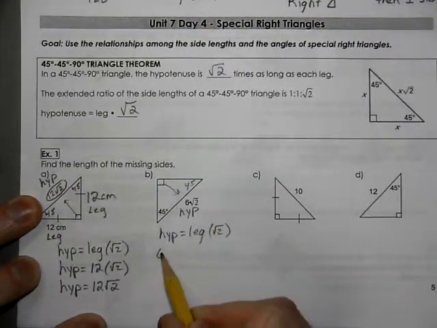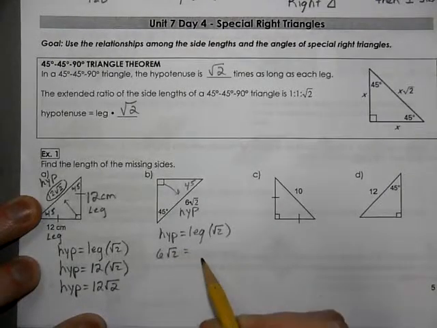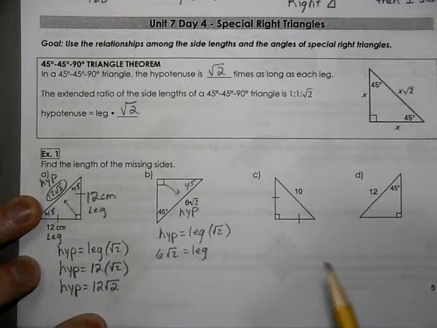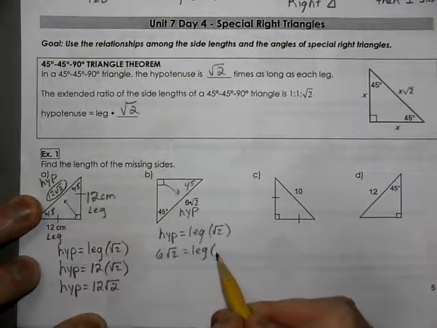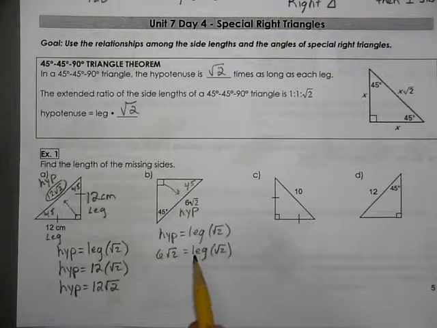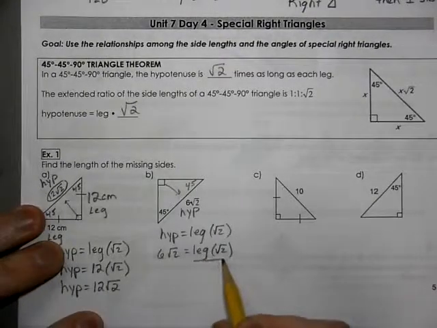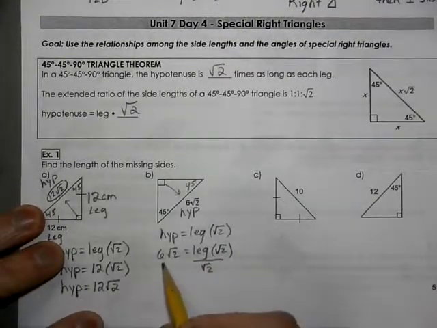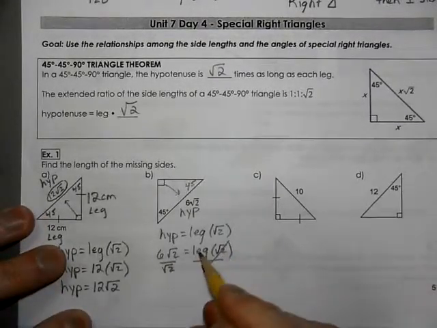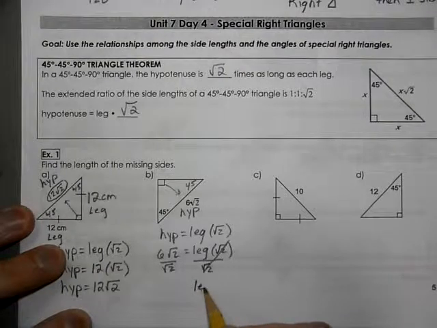My hypotenuse is 6 root 2. I don't know what the leg is. You can put x there, you can put leg there, whatever. So now if I want to get that alone, I'm going to divide by the square root of 2 on both sides of the equal sign, and that's going to get my unknown side all by itself.